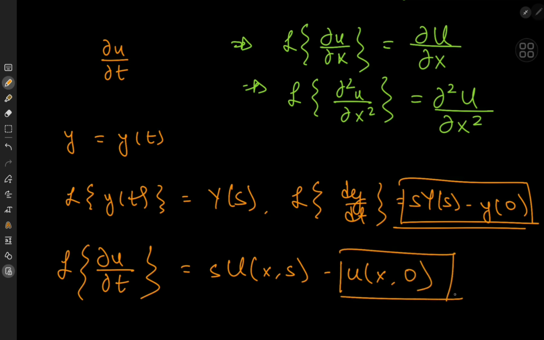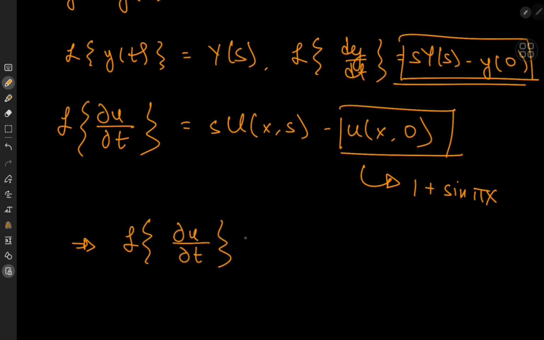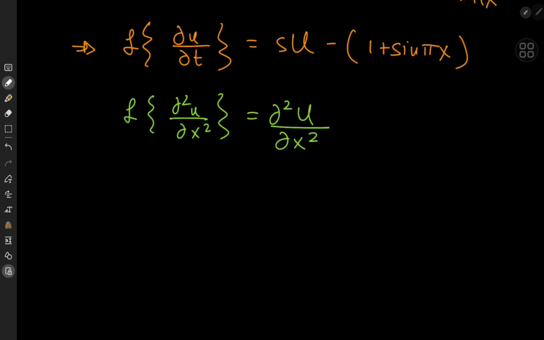And we know exactly what this thing is, right? This is the initial temperature profile of the rod, which we recall to be 1 plus sine pi x. So this implies that the Laplace transform of partial u by partial t equals s times U minus 1 plus sine pi x.